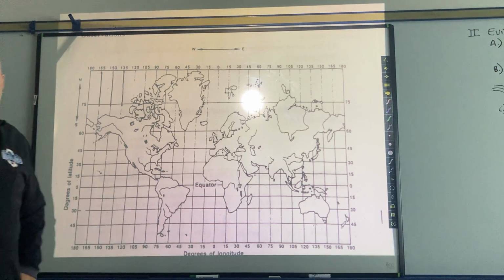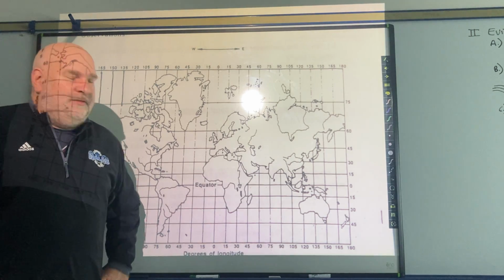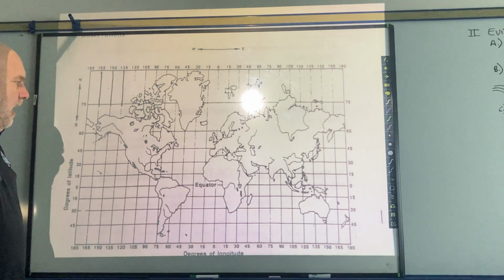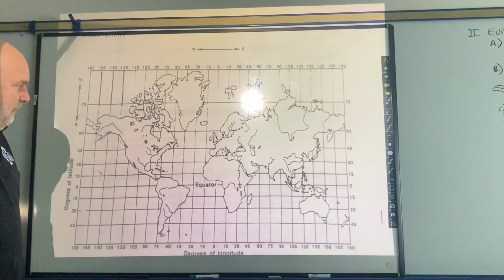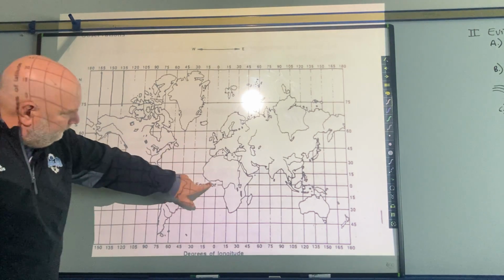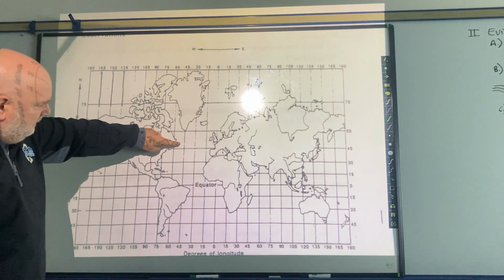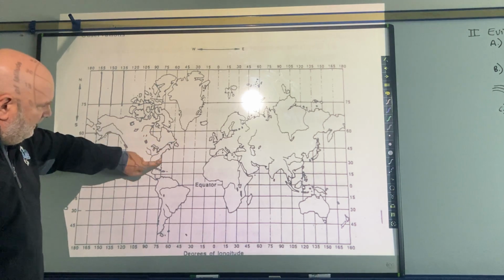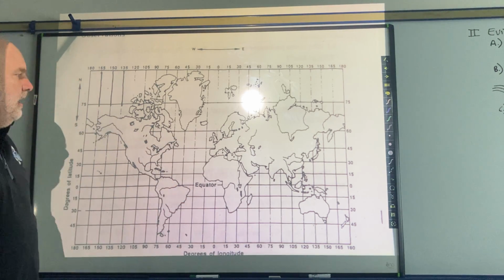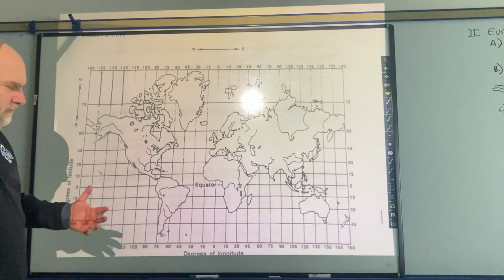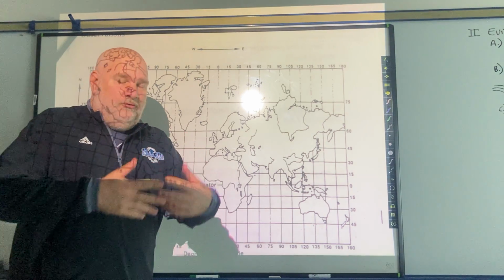And there's other places in the world that are kind of like that, but this is the most obvious. The shapes just seem to match up. They seem like the opposite sides of puzzle pieces.